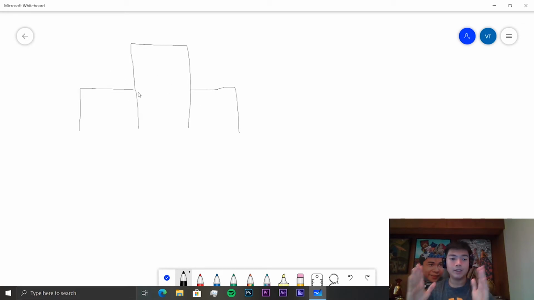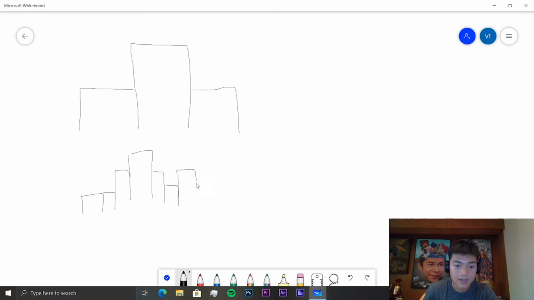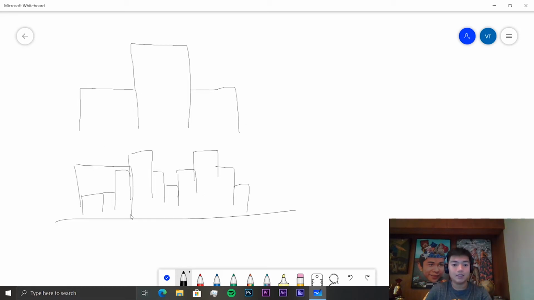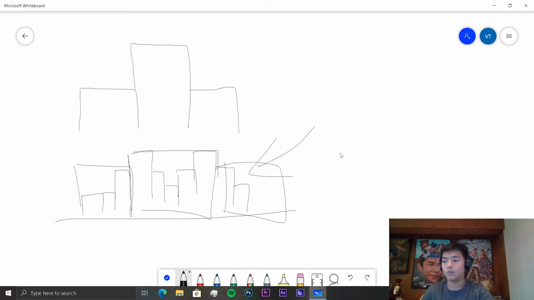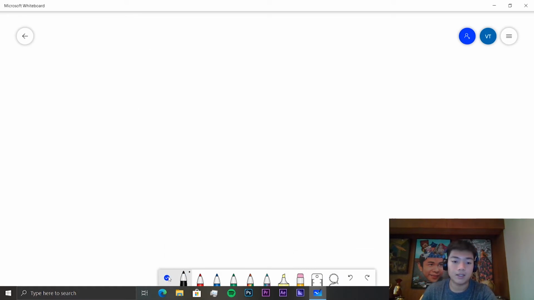But if we decrease the class interval and make it smaller, then we might end up with something like this instead, which would be a bimodal histogram. You can see these two have roughly the same shape, but this one expresses a very different form of data, so we want to be aware of that.